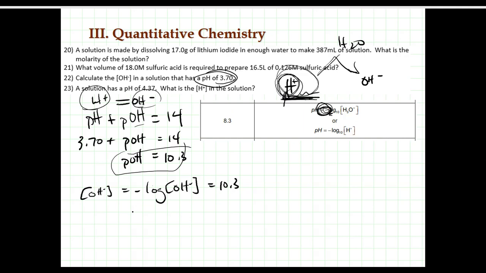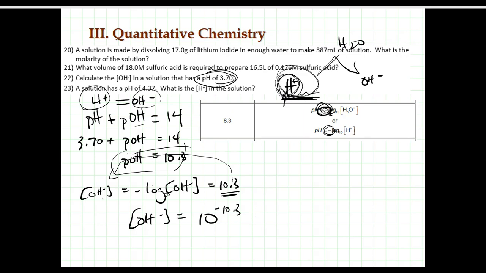Remember that logs are the exponents on a 10. Since it's common log, we don't have a base given, it's common log base 10. So when I figured out what the exponent was on the 10, it was this. To go backwards, all I have to do is put my pOH as an exponent on the 10. So the hydroxide ion concentration is going to be 10 to the pOH, except, my friends, the formula gives us a negative, so we're going to have to make it 10 to the negative 10.3.